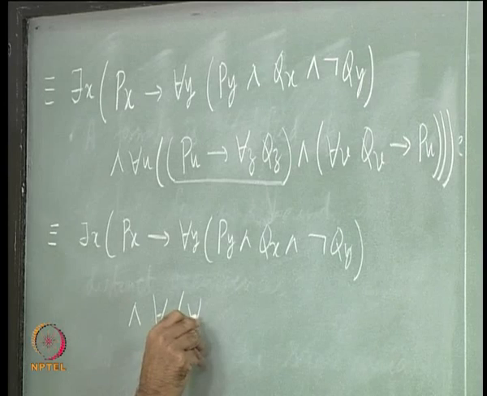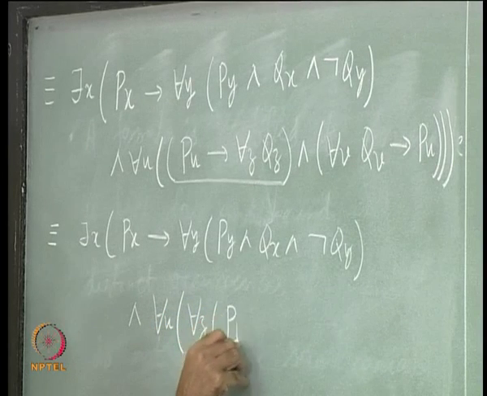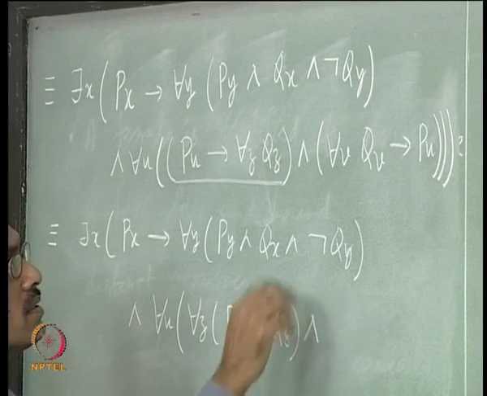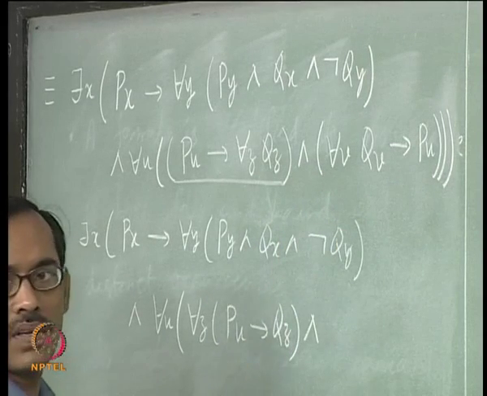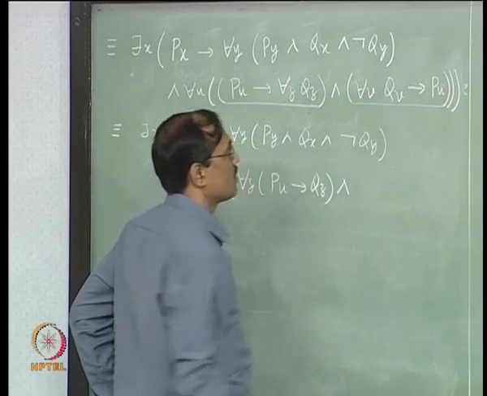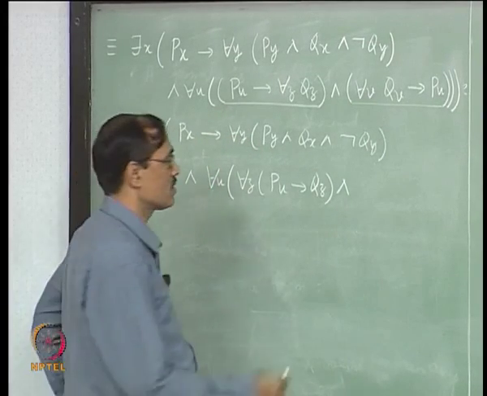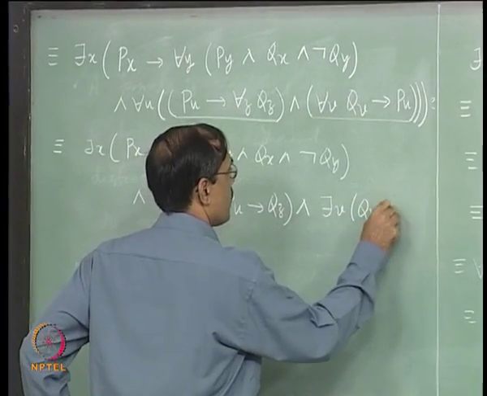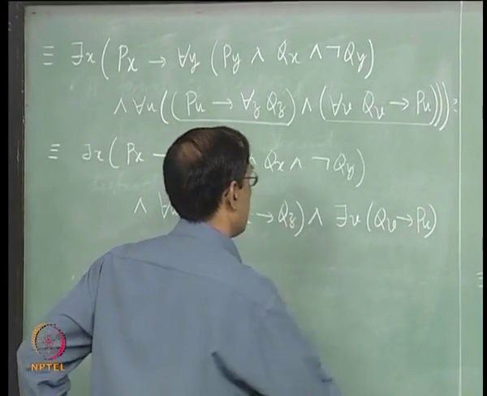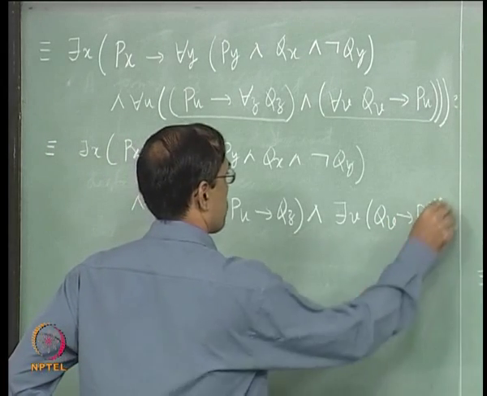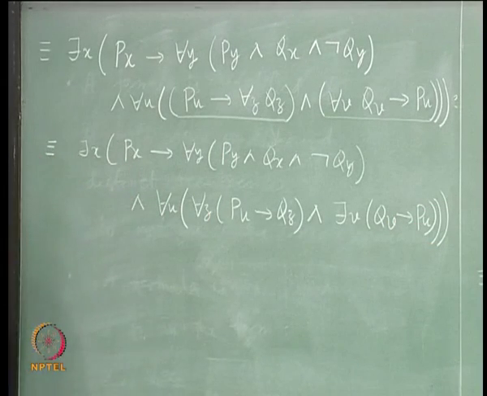So, we write for all z, p u implies q z, and here also, what will happen to this? It becomes there exists. So, there exists v, q v implies p u. Okay. Right.